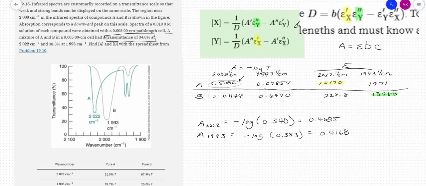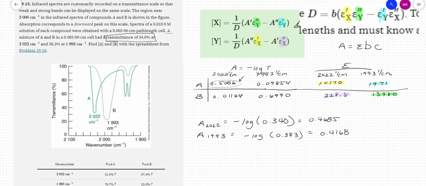That's going to go here as well. Then I need epsilon 1 of y, which is going to be this value. And I need epsilon 2 of x. Can't seem to write on that one. And that's going to be this value here.